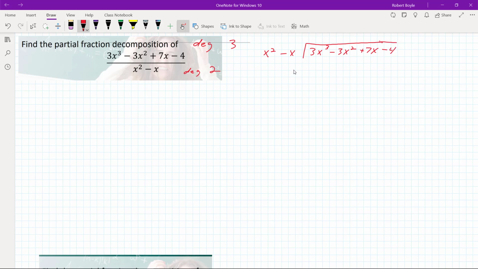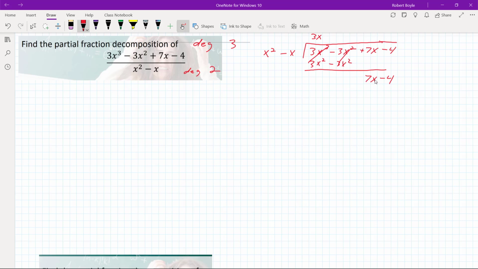What I first want to do is multiply x squared minus x by whatever I need to get a 3x cubed term, and that means I want to multiply this expression by 3x. If I do, I will have 3x cubed minus 3x squared, and when I subtract them, these will cancel, and I'm left with 7x minus 4.